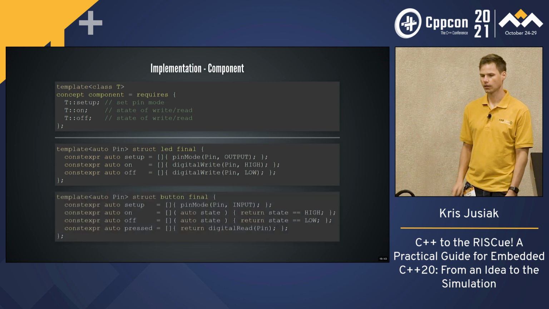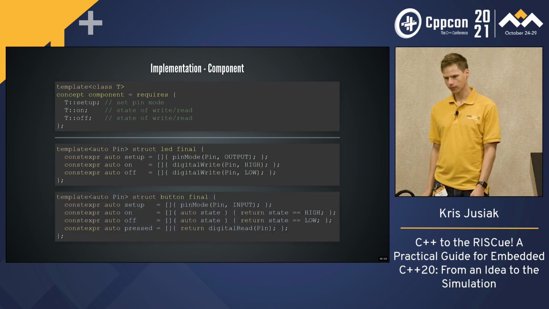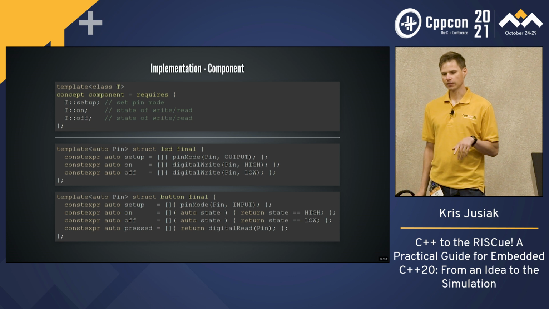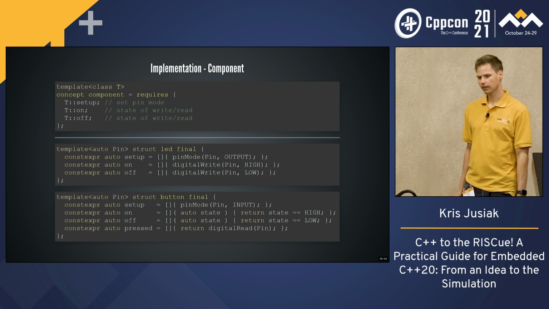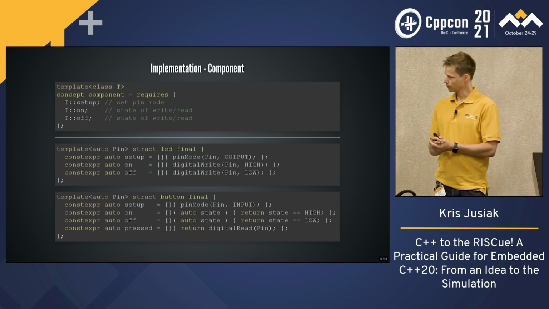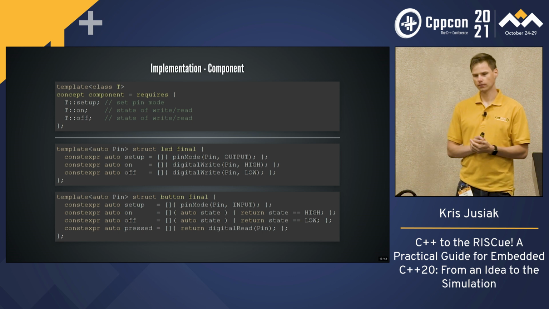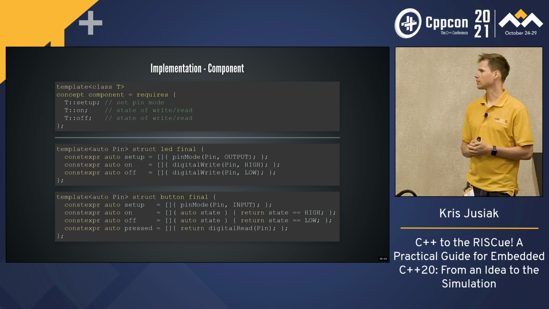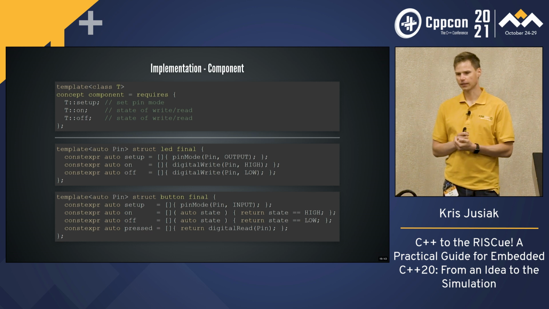And button will be very similar. It will be, on top of that, the pressed function which will read the pin state. Make sense? And the auto pin is just the pin on the board where we have to put the component properly when we wire it.